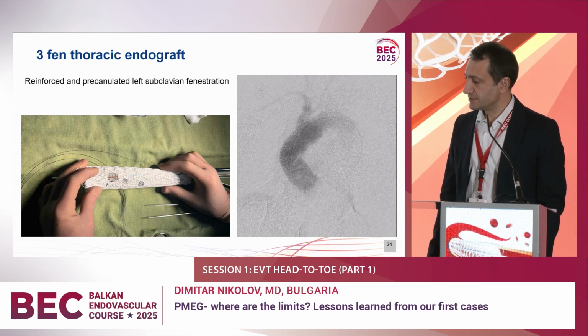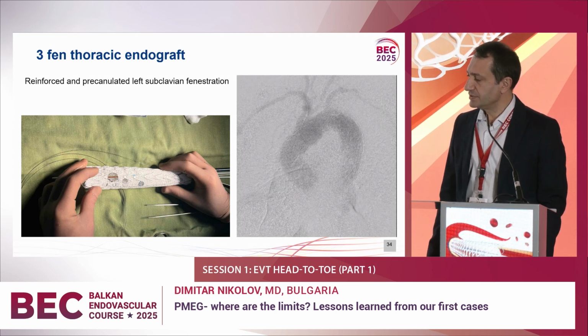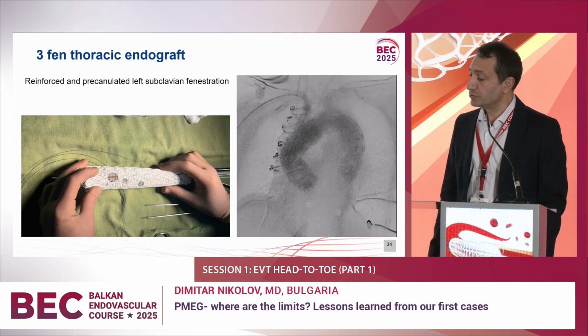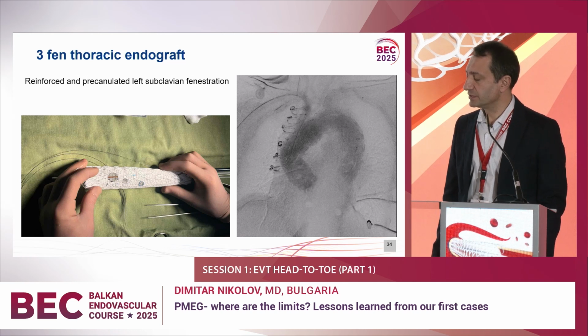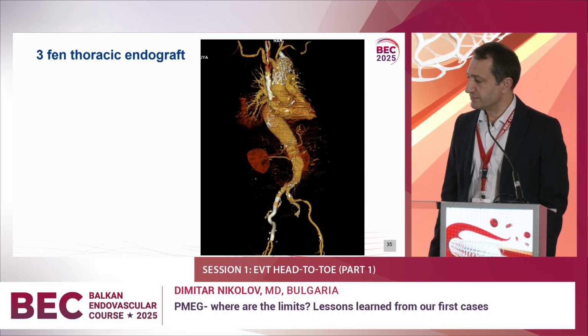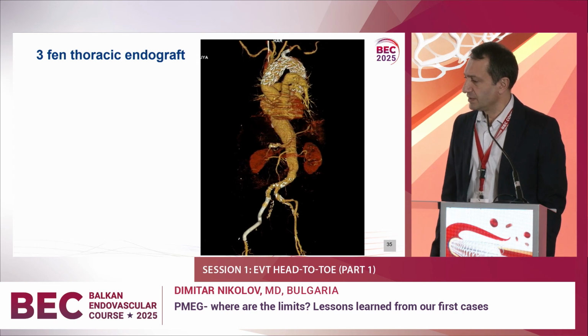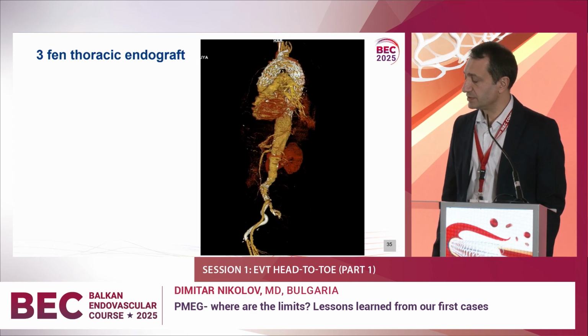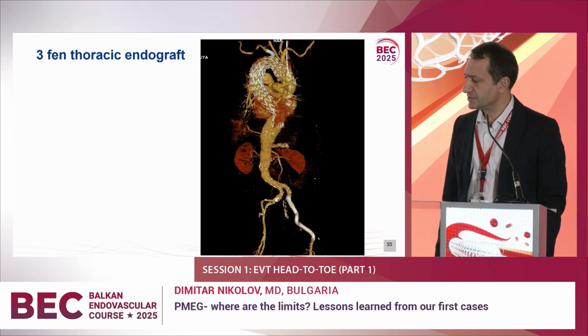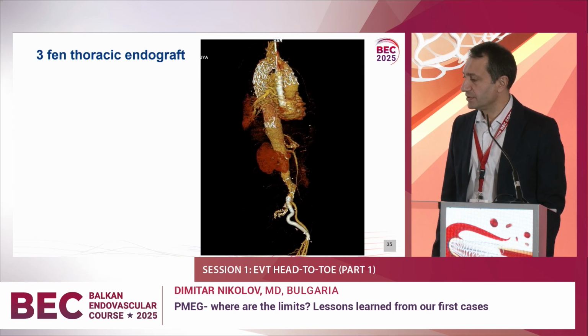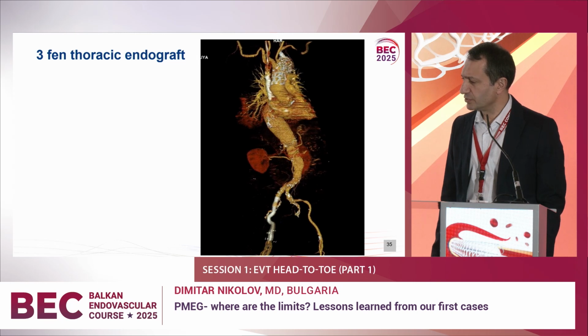This gives us relatively easy implantation because we have a true-to-true wire for the subclavian fenestration. It goes exactly at the ostium of the subclavian artery, and this is the final result. This lady has to be treated in a second step for the distal disease, probably with 4 fenestrations for the thoracoabdominal.